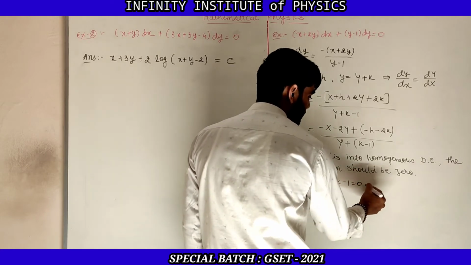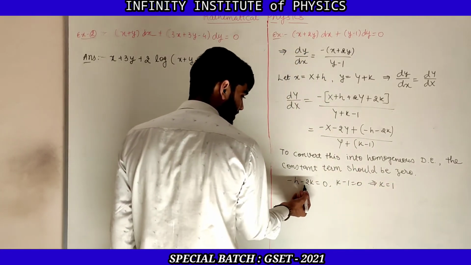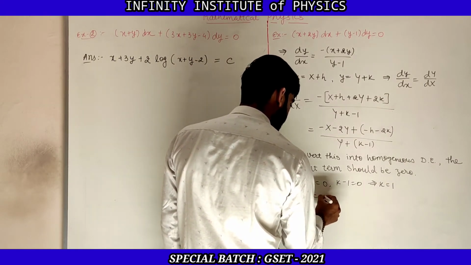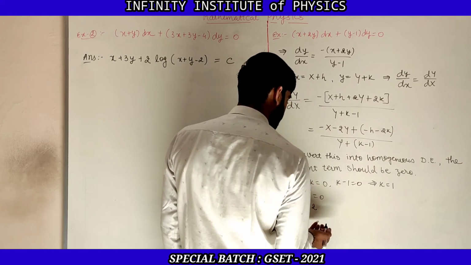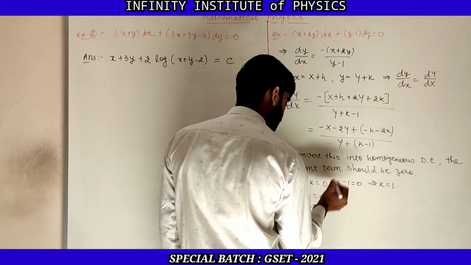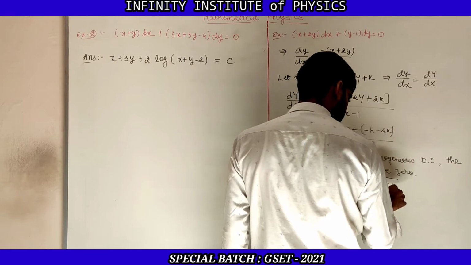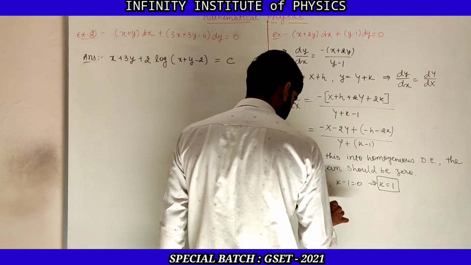Now k minus 1 is 0, that means k is equal to 1, and let us put k equal to 1 here, then minus h minus 2 is 0. So h is equal to minus 2. So the value of k is 1 and the value of h is minus 2.